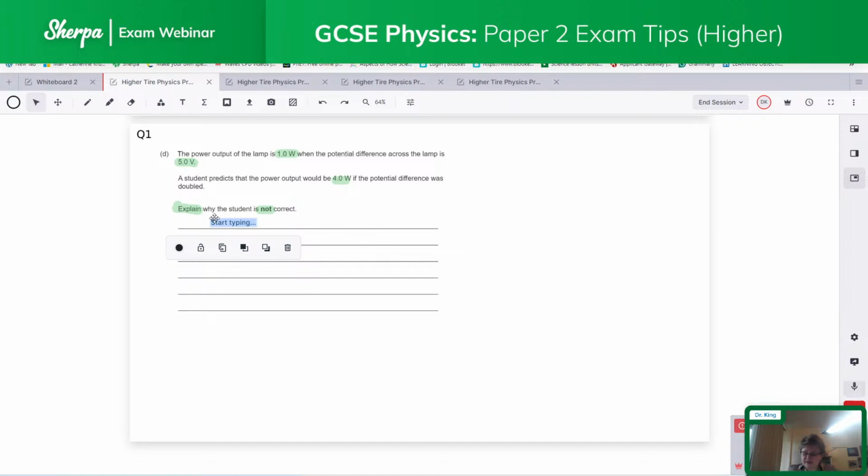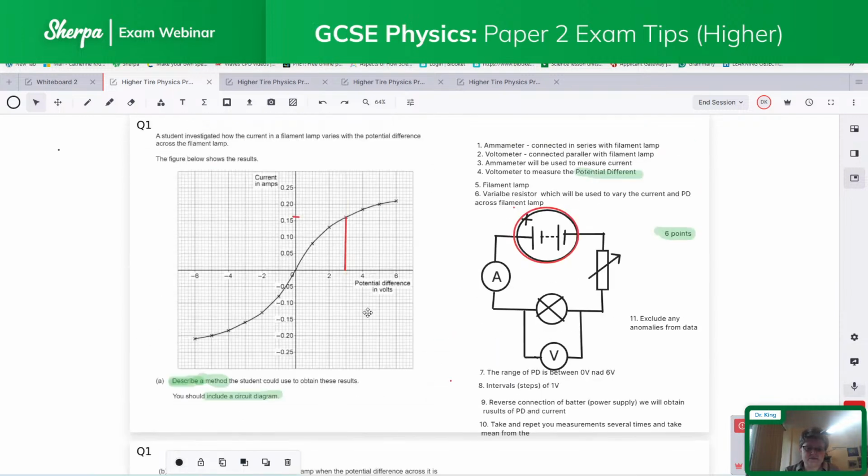Because the current doesn't double. In our circuit diagram, when you look above, or you can calculate that, the current doesn't double because the resistance of the filament lamp increases. It's not working like that. How can you testify that? When you look at the graph, the dependence between potential difference and current, it's not linear.